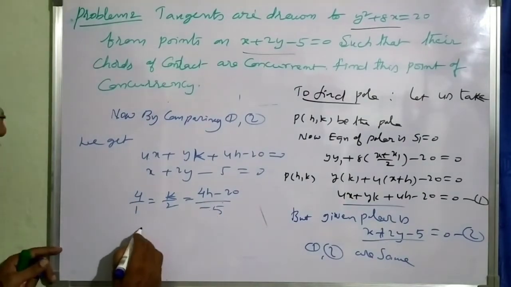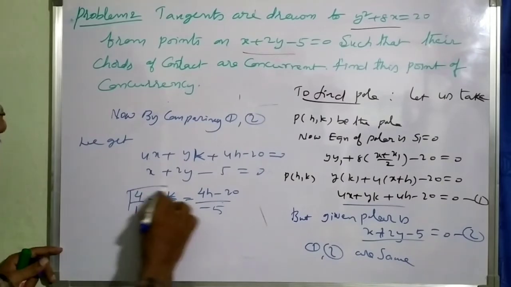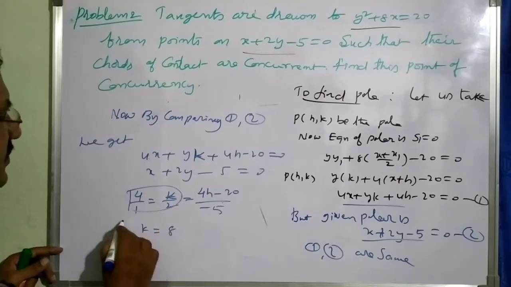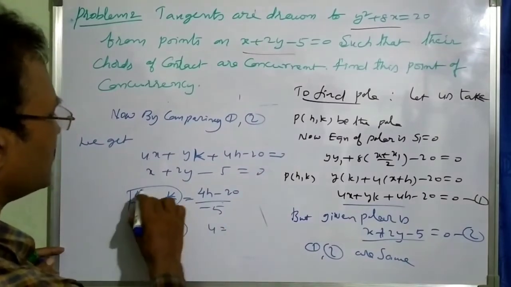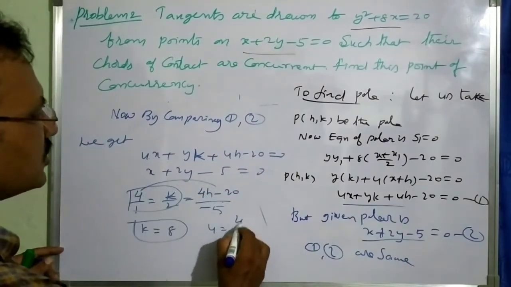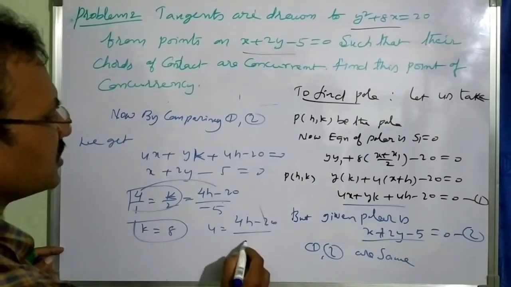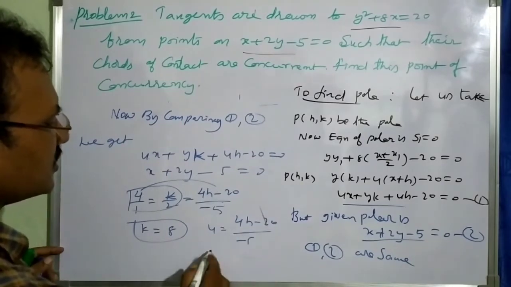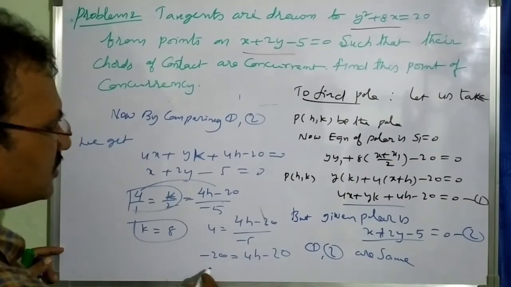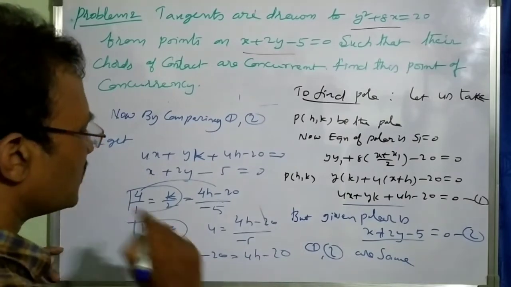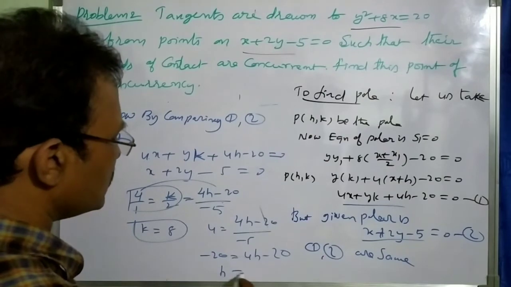From this, k is equal to 8, and this is equal to 4. Equating 4h minus 20 by minus 5 to 4, we get minus 20 is equal to 4h minus 20, which implies h is equal to 0.